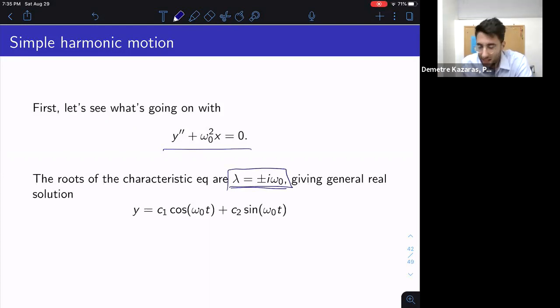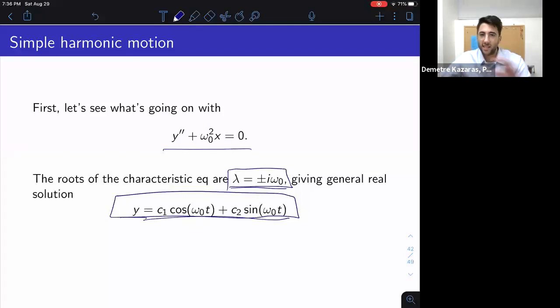If you do the work that we did in the last example, you'll find that the general solution looks like this: just a sum of a sine and a cosine, where omega naught affects the frequency of the trig functions.